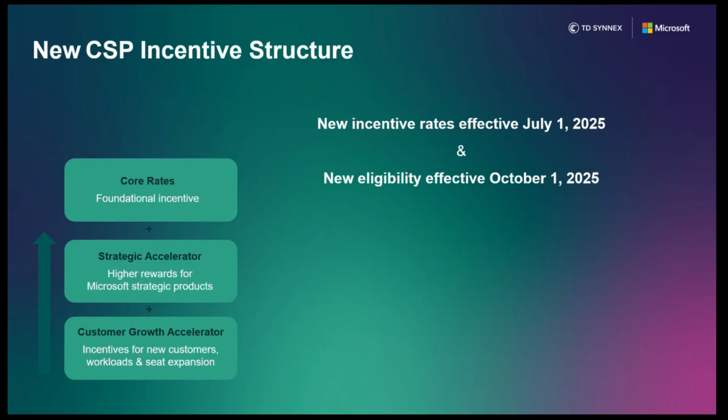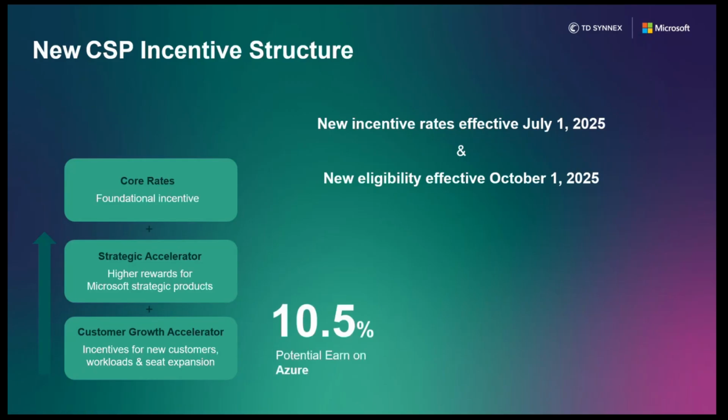Microsoft is paying for all growth, whether it's new customer growth or existing customer growth. So this is quite new, and I've yet to see those earnings show up in Partner Center, because this only just started in October. But I do anticipate a lot of partners to be making more on this growth incentive.